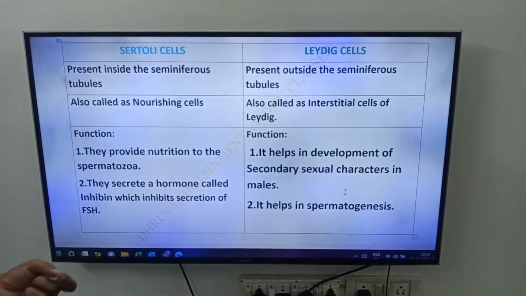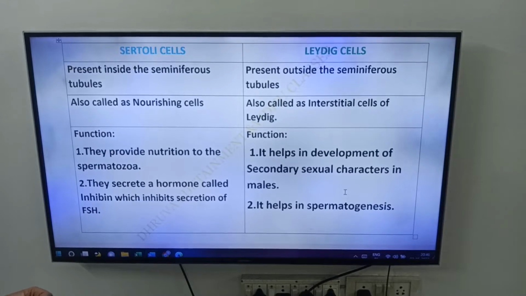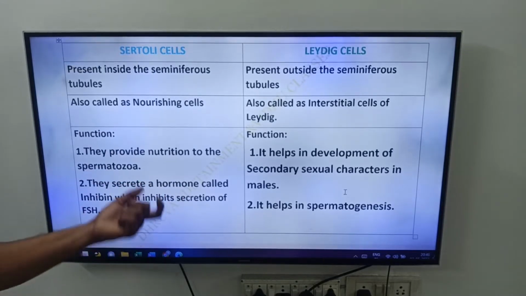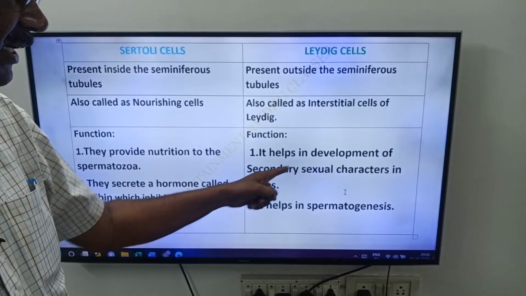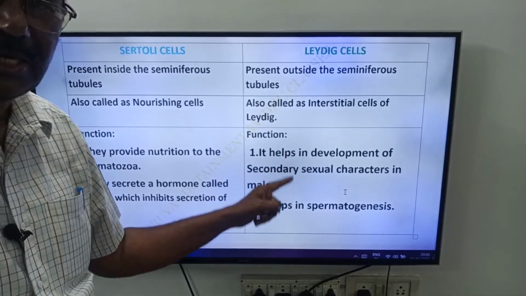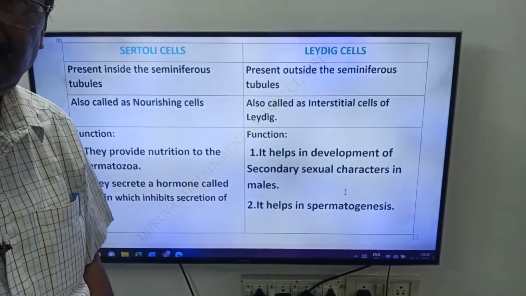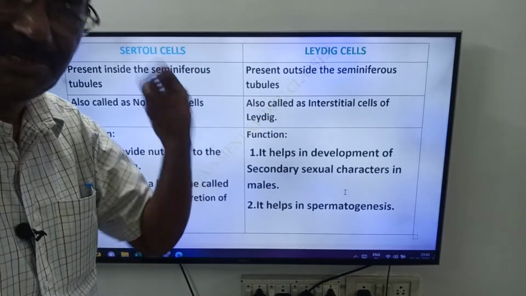Functions of Sertoli cells: they provide nutrition to the spermatozoa and secrete a hormone called inhibin, which inhibits the secretion of FSH. Functions of Leydig cells: they help in the development of secondary sexual characters in males and help in spermatogenesis. This is the difference between Sertoli cells and Leydig cells.